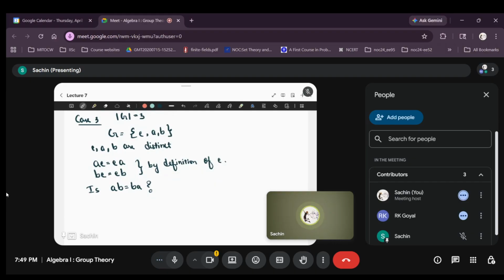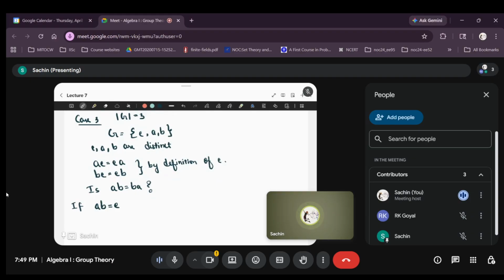AB must be one of E, A, and B, right? If AB is equal to E, then what is the issue? We saw in one of the earlier problems, if we already know it is a group, and we take two group elements and their product is E, then they are inverses of each other.